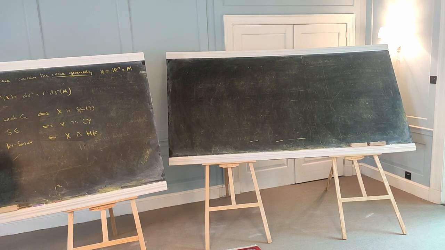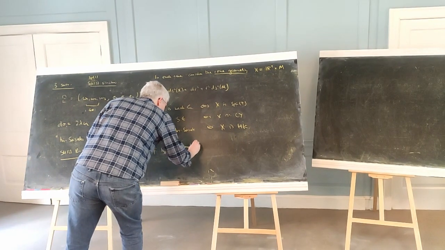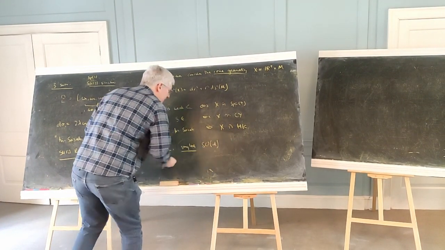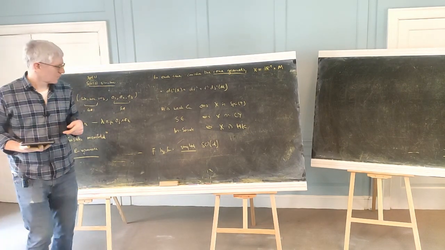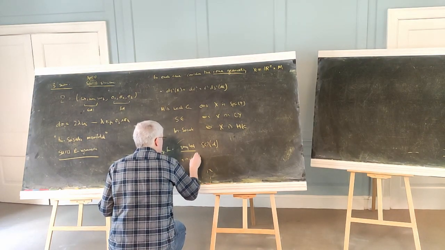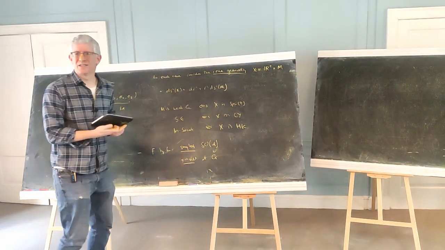So if you remember, we said this was a top form. So it's a singlet of SO(D), right? The top form transforms trivially under SO(D). So that means it's also going to be a singlet of G, because G is always a subgroup of SO(D).